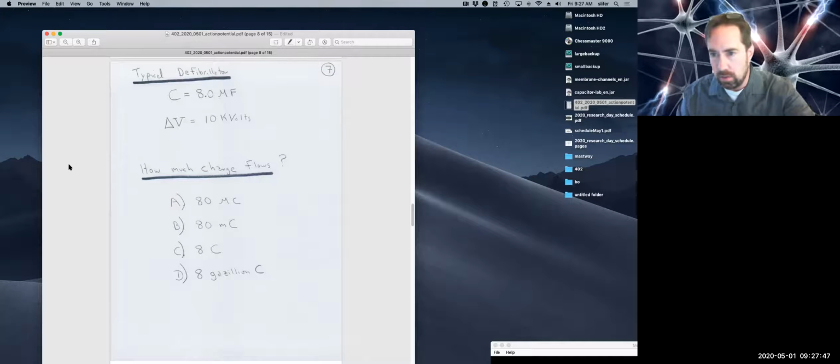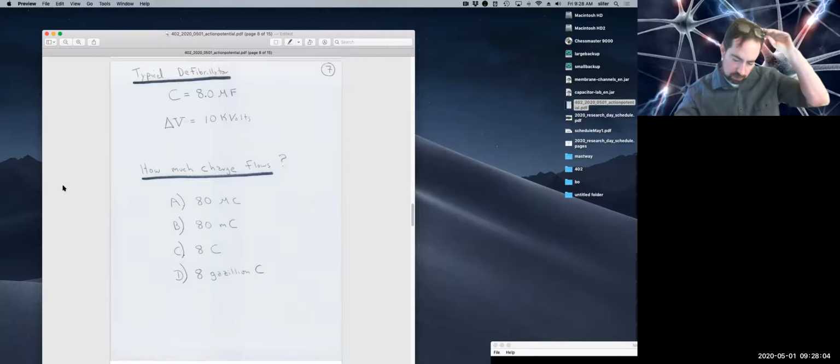Okay, I'll give you guys another 30 seconds or so. It looks like most of you have zeroed in. I've been told that you can change your answer if you think you have the wrong answer. I think you should be able to choose a new one if you want. So is your answer 80 microcoulombs, 80 millicoulombs?